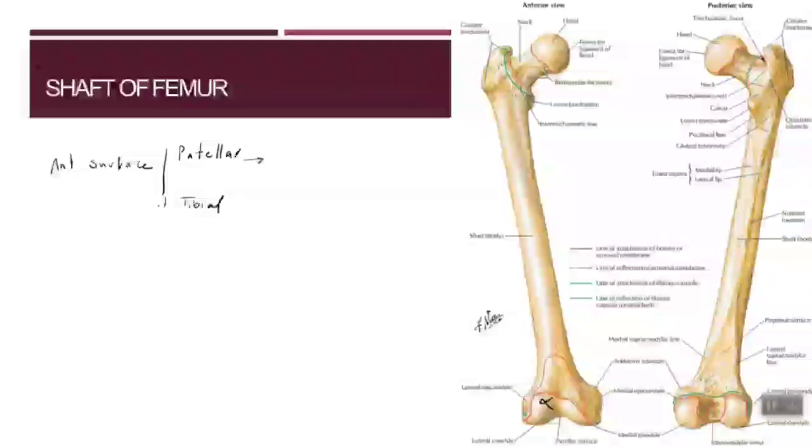The other surface is the tibial surface. The tibial surface is made by the two condyles to cover the inferior and posterior surface.